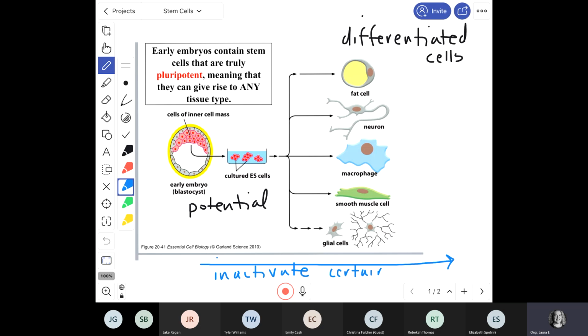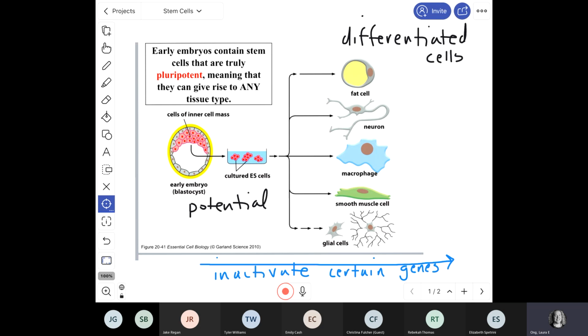If you looked in the genome of any of these cells, they would all have the same genes, but the inactivation of certain sets is essential to take a stem cell and get it to differentiate into a cell with a high functionality, but less potential.